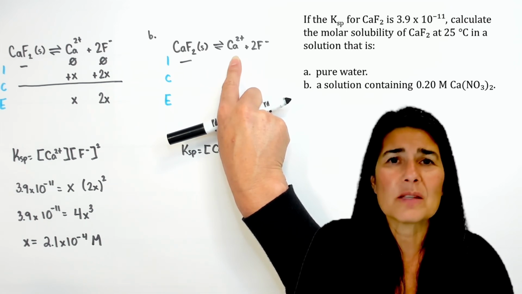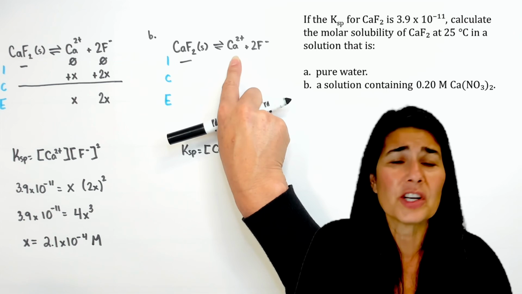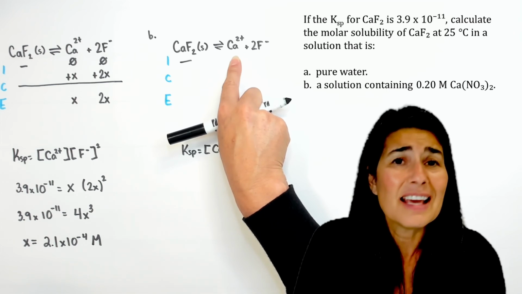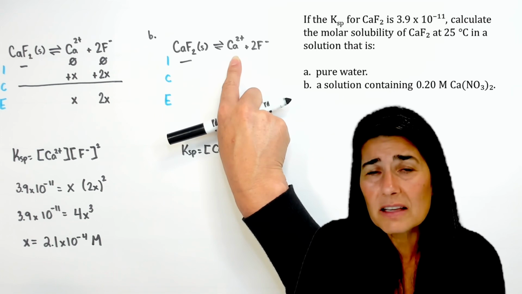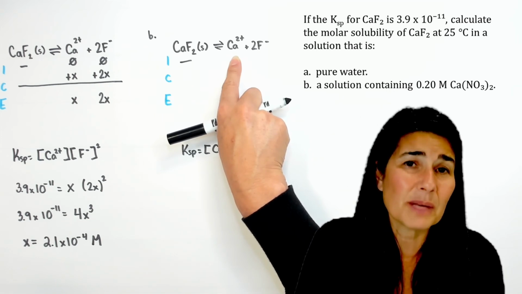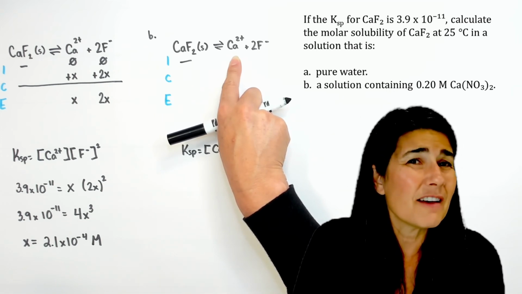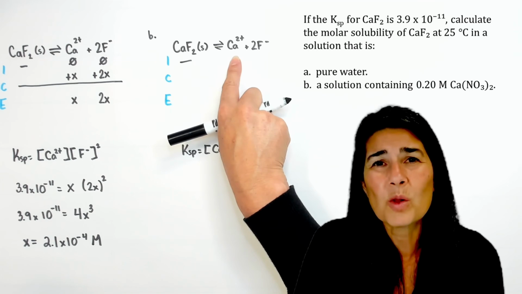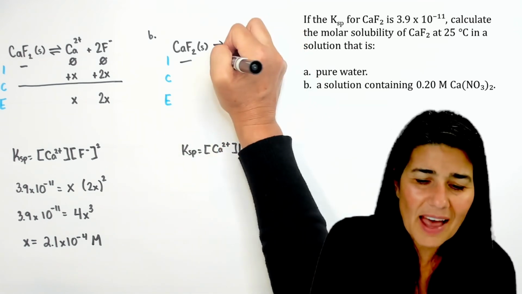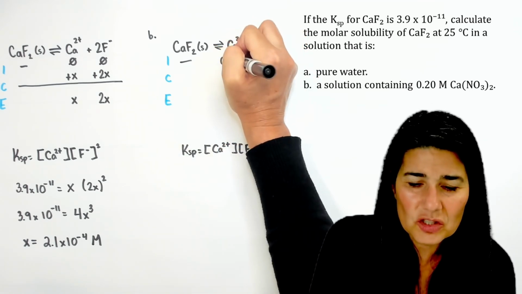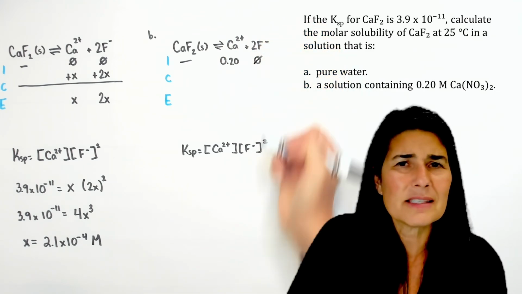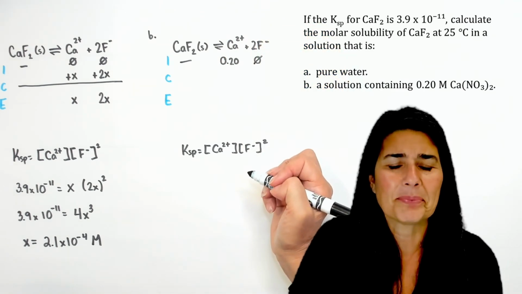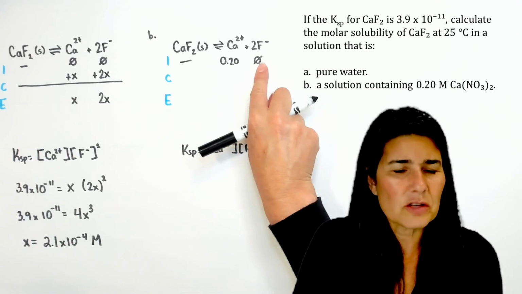All nitrates are super soluble. They're going to completely dissociate. This calcium nitrate will break apart into 1 calcium for every 1 calcium nitrate. So if we have 0.20 molar calcium nitrate, we have 0.20 molar calcium, but we don't have any fluoride. Calcium nitrate doesn't give us that. So those are the initial values.